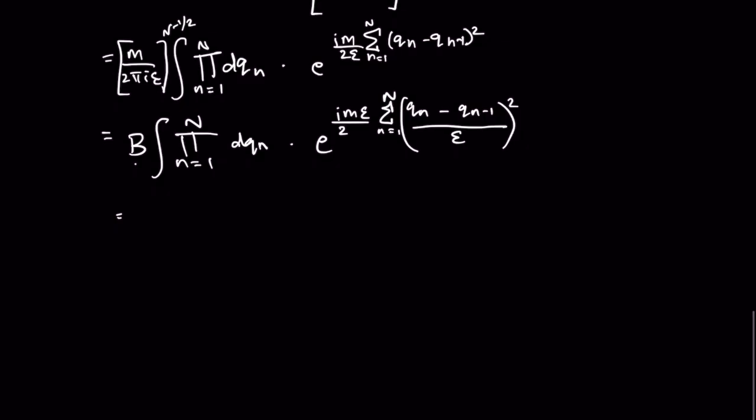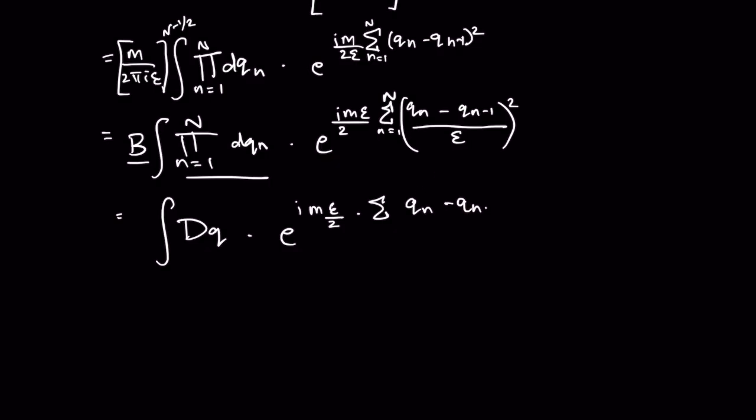So now what we're going to do is take the constant with the multiplications of the dq's and call it a capital Dq, as e to the i m epsilon over 2 times summation of (q_n minus q_{n-1}) divided by epsilon, all that in the whole square.